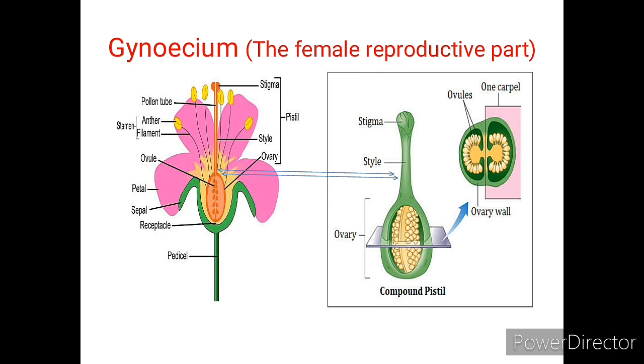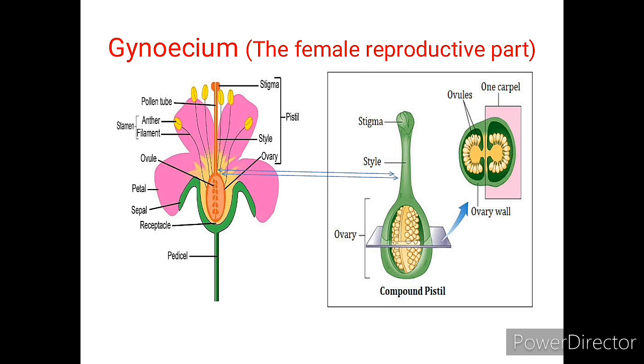Then next is a tube-like structure arising from the ovary called the style. You can see the long tube-like structure arises from the ovary. This is called the style.